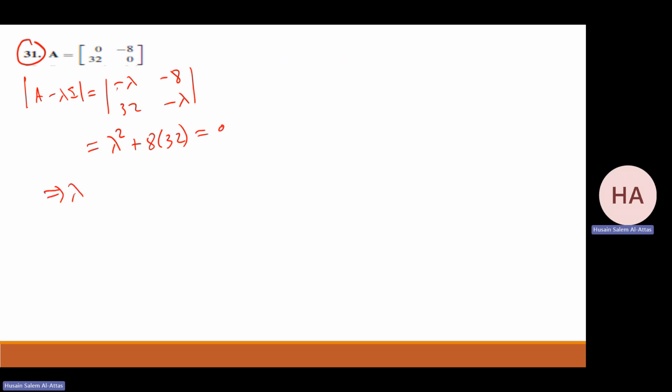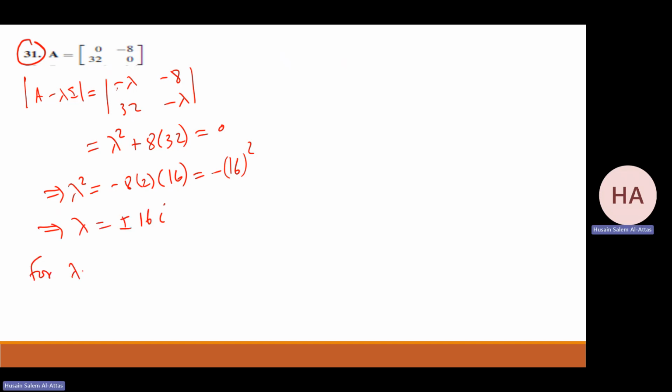So lambda squared will be minus 8 times 2 times 16, which is minus 16 squared. Yeah, 16 times 16. So lambda will be plus or minus 16i.